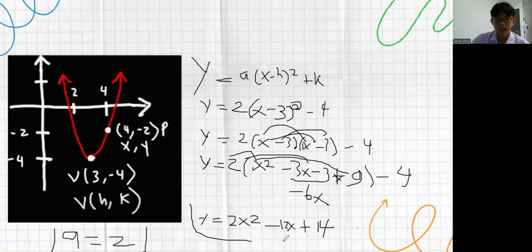So here is the quadratic function from the vertex: 2x squared minus 12x plus 14. So the first example is basically done.